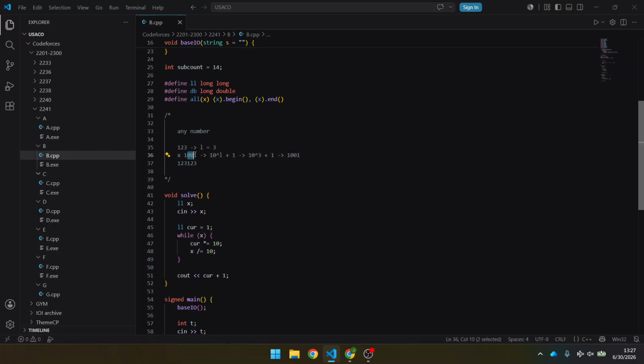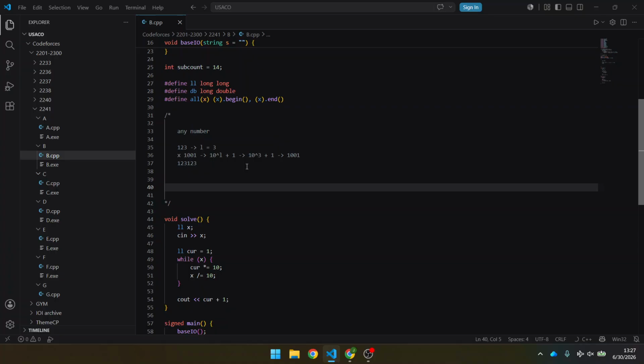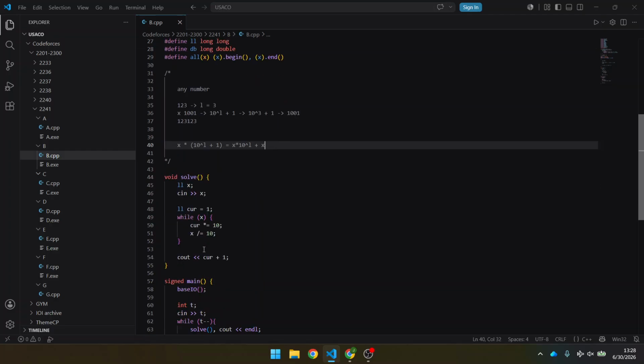This works for any number because essentially, having number x times 10 to the L plus 1 is equal to x times 10 to the L plus x. 10 to the L gives L zeros at the end of x, and then you add this x which has length L. There will be no more zeros left, and it will just be two x's together.